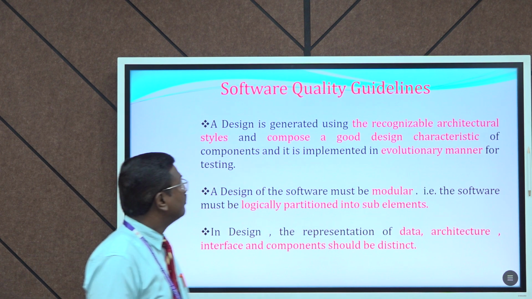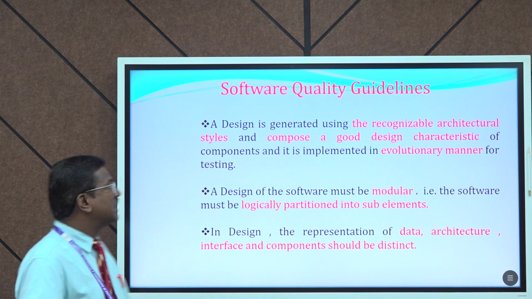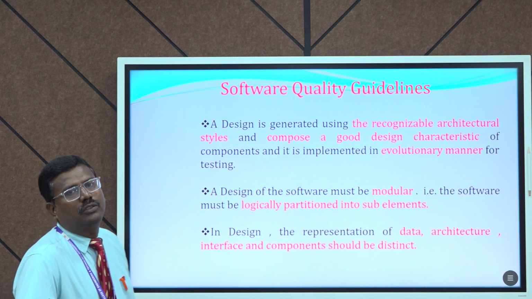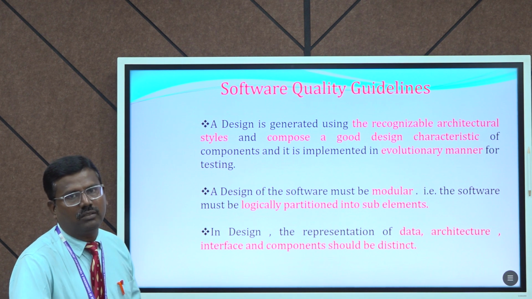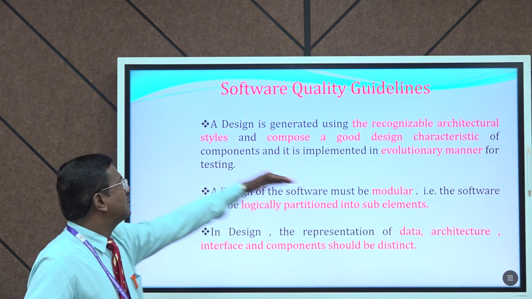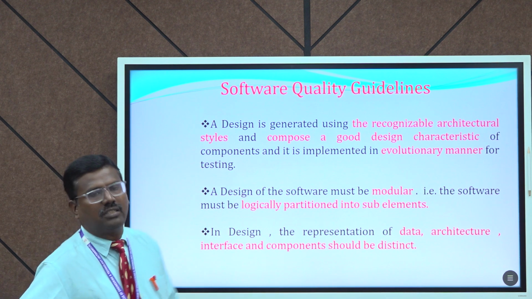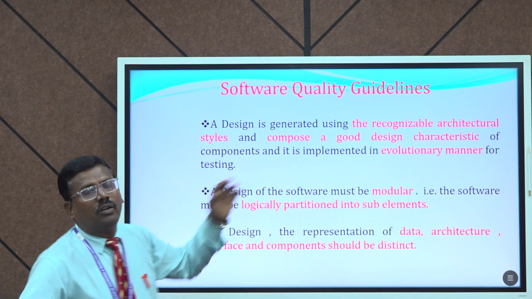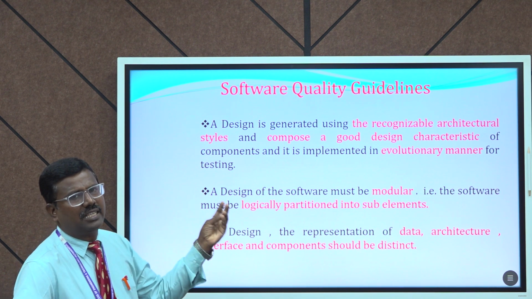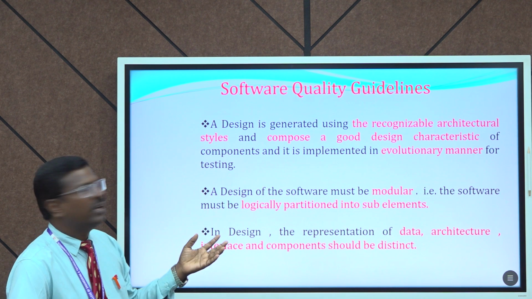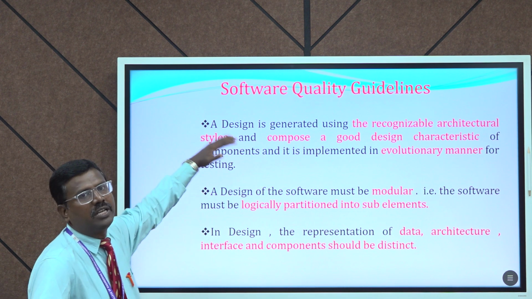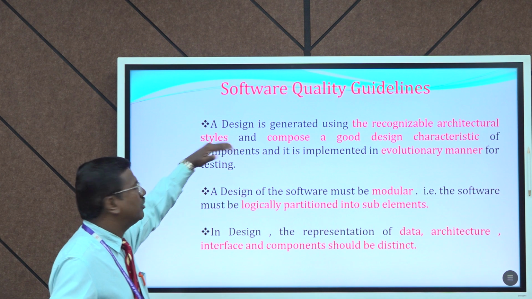Then next, what are the software quality guidelines? What guidelines should be followed for generating a good software product? The first guideline is recognizable architectural styles.